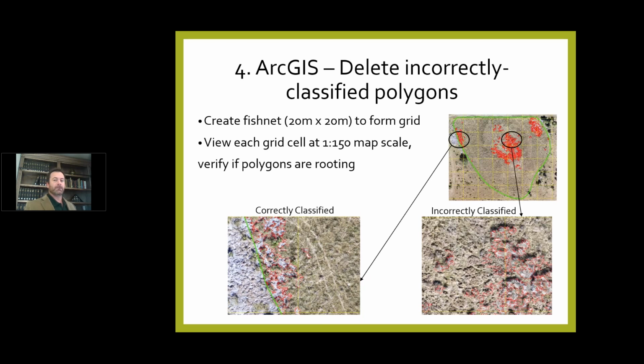And he can tell, if you look at that incorrectly classified bunch on the right-hand bottom corner, that's Spartina grass. Can you see how its pattern is really weird? Sort of spread out, it's like just clumping like this. It just happens that it's all dried out and it's giving a really similar reflectance to rooting, which is on the correctly classified polygon.